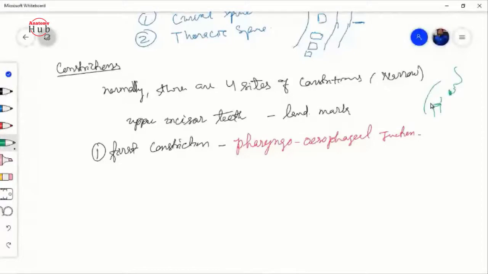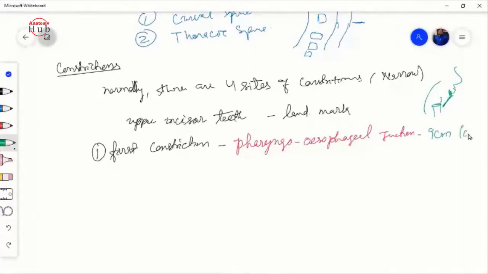So the first constriction will be at the pharyngoesophageal junction. This distance can be measured from the incisor teeth to that area. It is near about 9 cm, or you can say 6 inch.